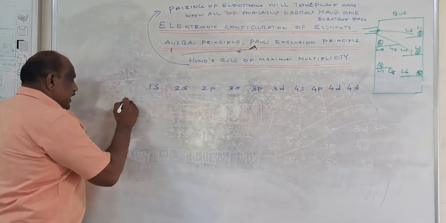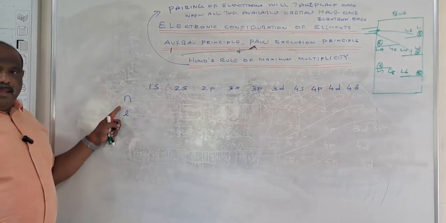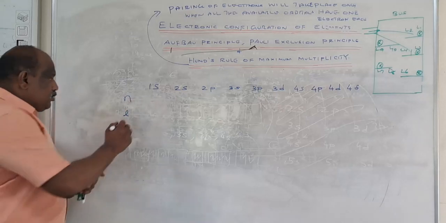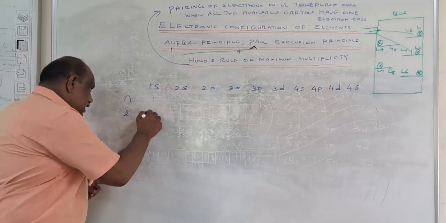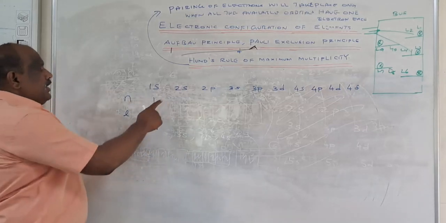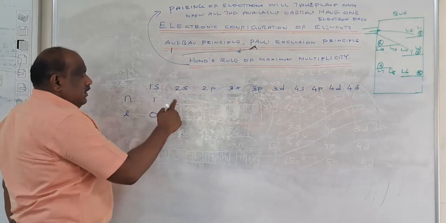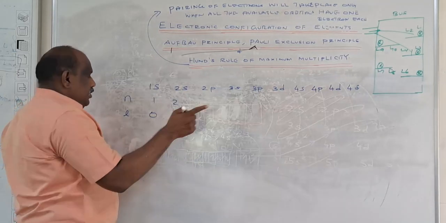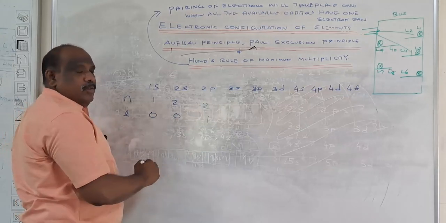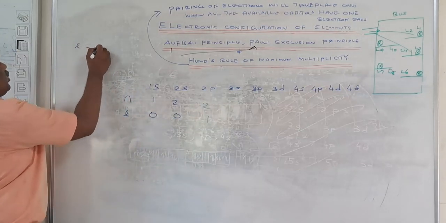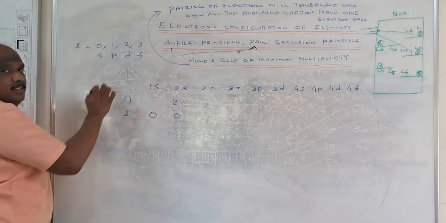Now let us try to find what is n, what is l. What is n? Principal quantum number. Yes, it is 1. Very good. What is l? 0, because s means 0. For n equal to 2, what is l? 0 only, because s is 0. Very good. So here once again 2, what is p? 1, because l equals 0, 1, 2, 3, that is s, p, d, f.